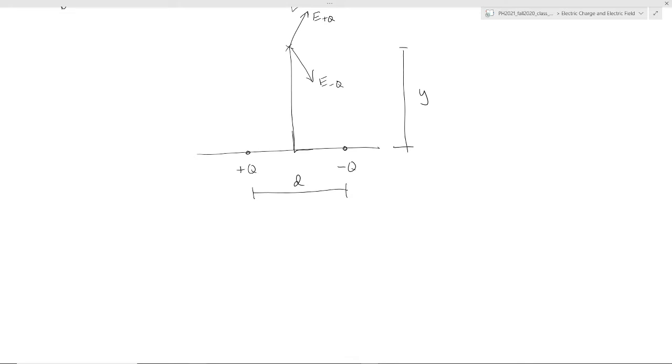But for one of them, the y contribution is pointing down, and for the other, the y contribution is pointing up. So the y contributions are going to equal 0. They're going to cancel.